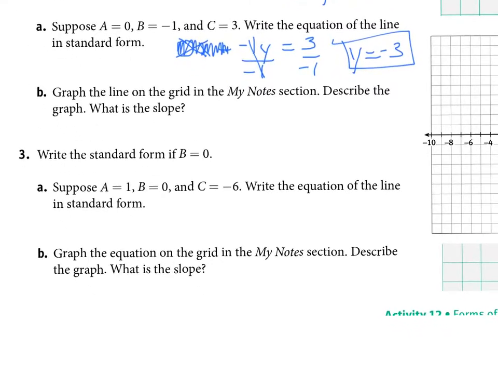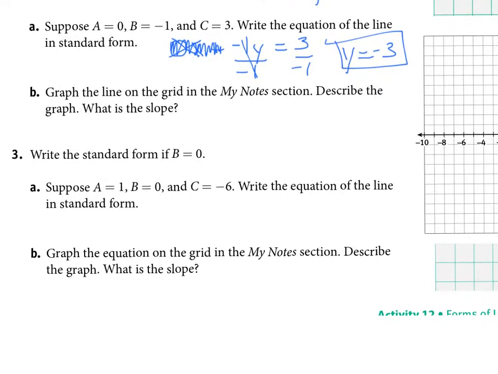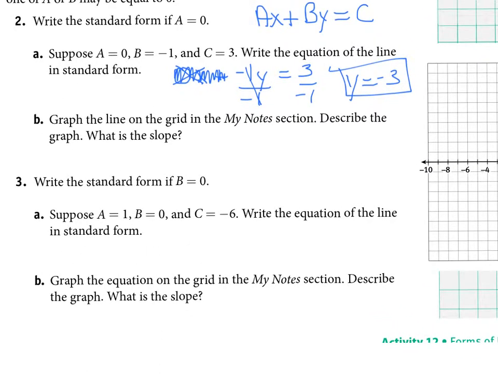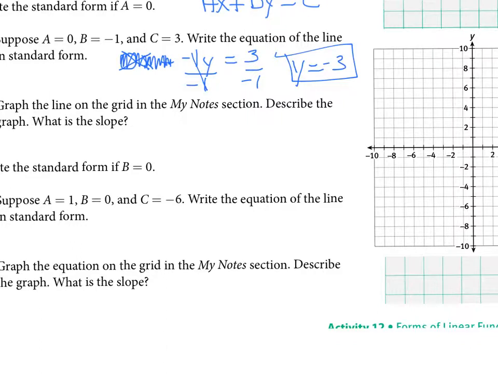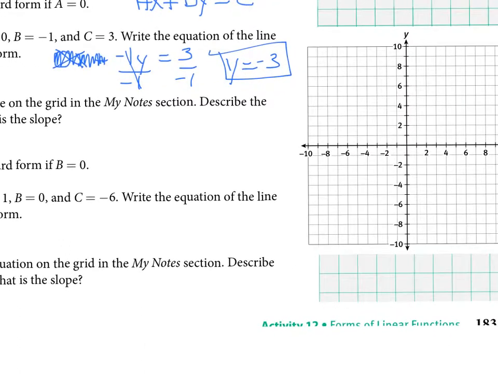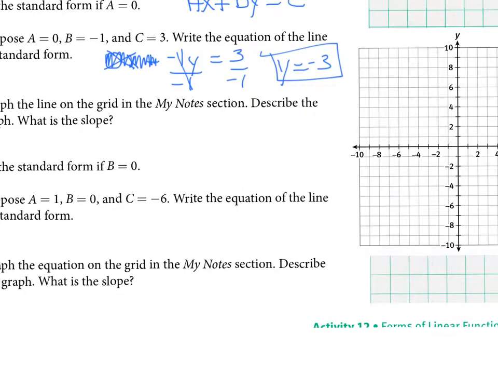So we can find the slope by putting it in the y equals mx plus b format. Now, first of all, it says that y equals -3. That is a y line. So if you remember, y lines are horizontal. Horizontal, what's going to be the slope of a horizontal line?